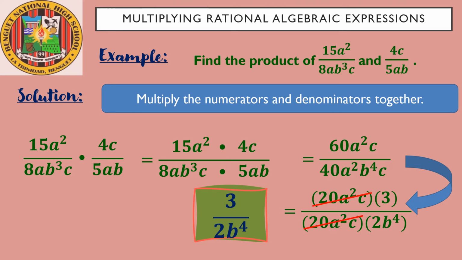You may choose what method you want because both methods will give you the same answer if done properly. But you have to think carefully about what is more convenient or easier for you to do, especially with polynomial expressions like the next example.